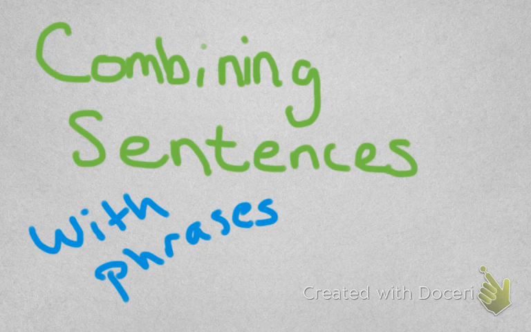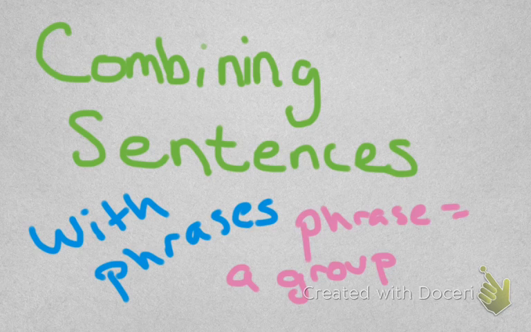A phrase is any type of group of words, so it's just a group of words, really. There is no subject or verb. So just a group of words. And so when we talk about phrases, we talk about a group of words.